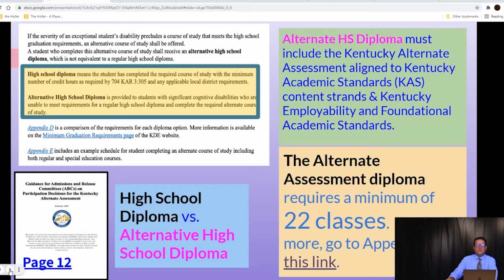The alternate assessment diploma requires a minimum of 22 classes, and in order to learn more, you can go to Appendix D, look exactly at that link, and see that from that guidance on the ARC participation decisions for Kentucky alternate assessment.